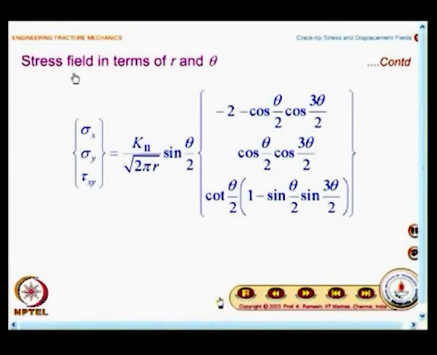The whole section was started as very near tip stress field. Here it is just mentioned as stress field in terms of r and theta, but take it as very near tip stress field.